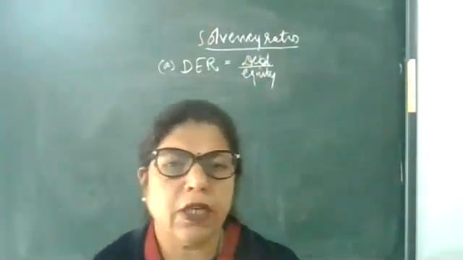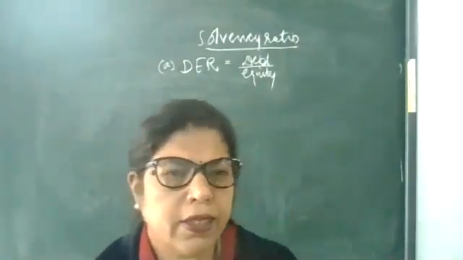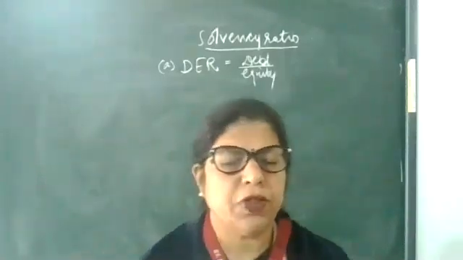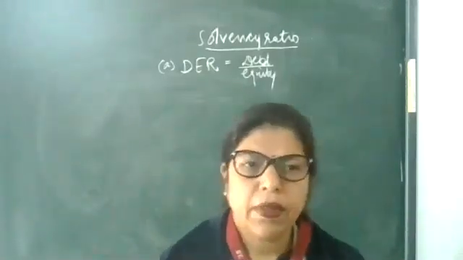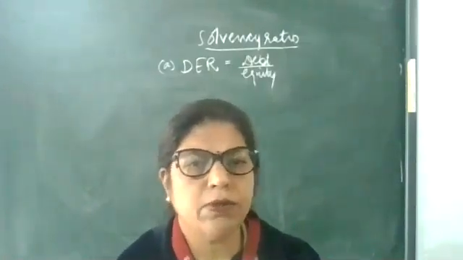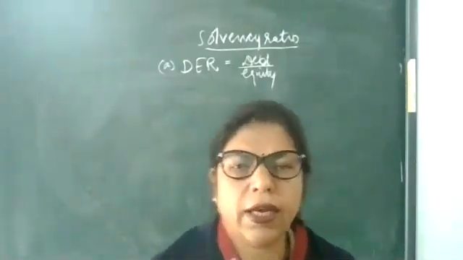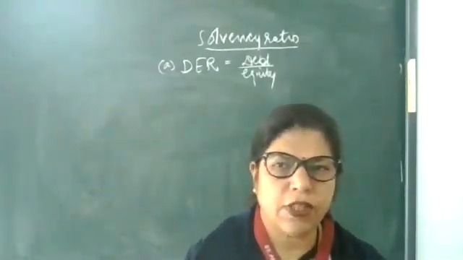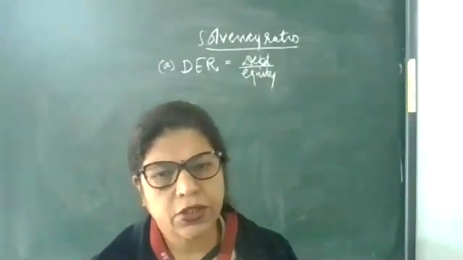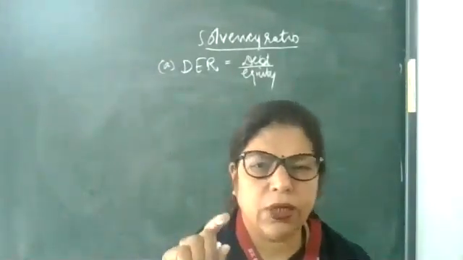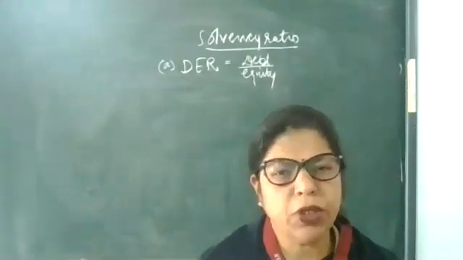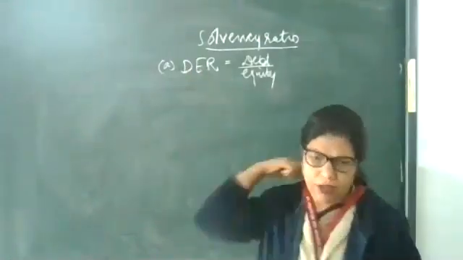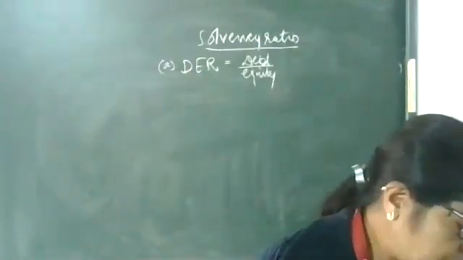If that question comes in theory, you can write: debt equity ratio shows the relationship between debt and equity. Debt means long-term loans and debentures, and equity means ES plus PS plus reserves and surplus. It is easy to learn: debt upon equity.